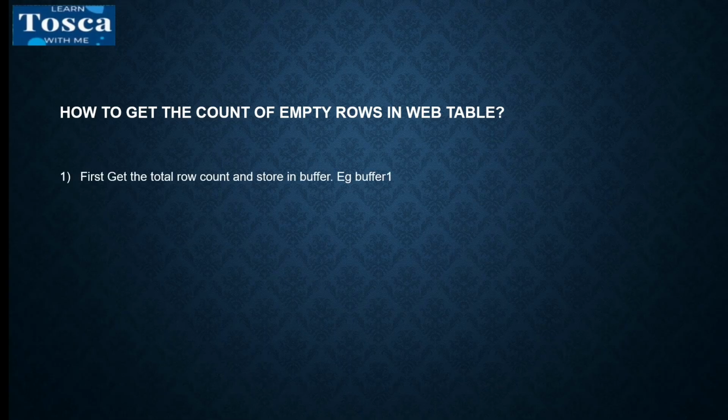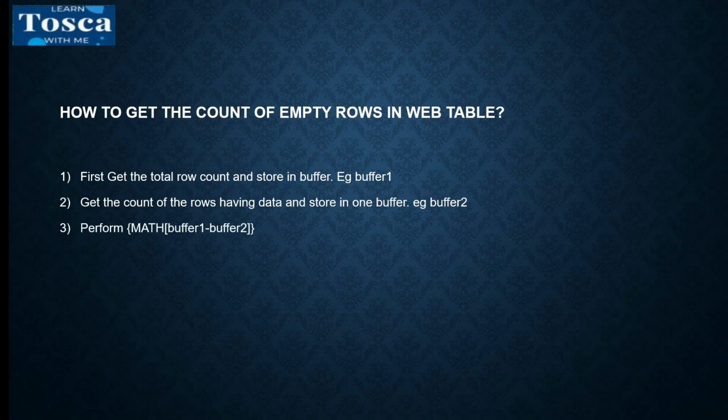Let's see. First get the total row count and store it in a buffer, for example buffer one. Next, get the count of rows having data and store it in another buffer, for example buffer two. The third step is to perform buffer one minus buffer two. This is very easy, right?